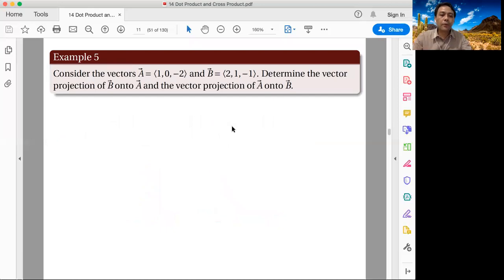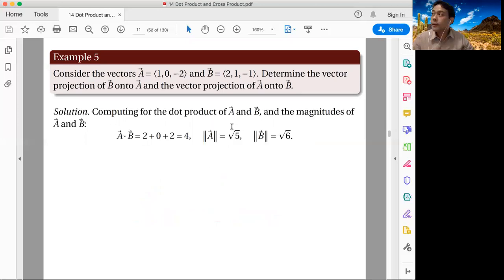For example, consider these two vectors A and B. So let us determine the vector projection of B onto A, and what will be the vector projection of A onto B. So firstly, we get the dot product of A and B. And that dot product is given by the value 4. The magnitude of A is the square root of B, and the magnitude of B is the square root of 6.